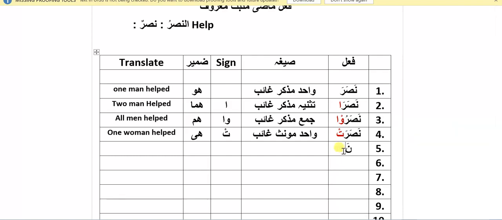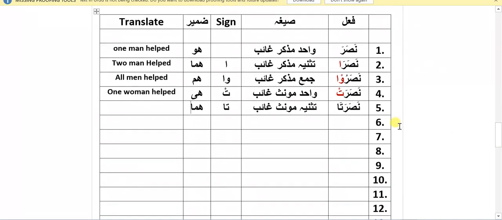Then we have nasarata. It's a tasniya muannas gayab. Ta alif is a sign and huma is a zamir. We will go back to the translation later.